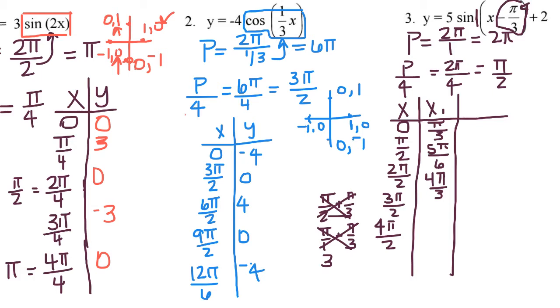So if we add that, 3 pi over 2 plus pi over 3, again, that's going to be 9 plus 2, 11 pi over 6. And then our final one back over here at 2 pi or 4 pi over 2, let's see what that's going to be. We have 2 pi over 1, I just reduced that, plus pi over 3. So that's going to give me 6 plus 1, just 7 pi over 3. So now we have all of our x values.